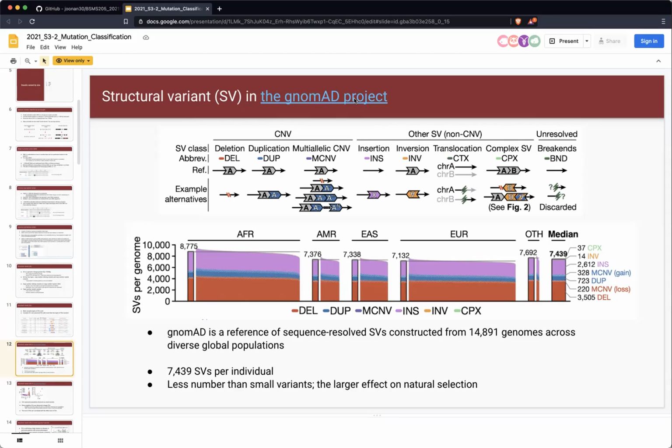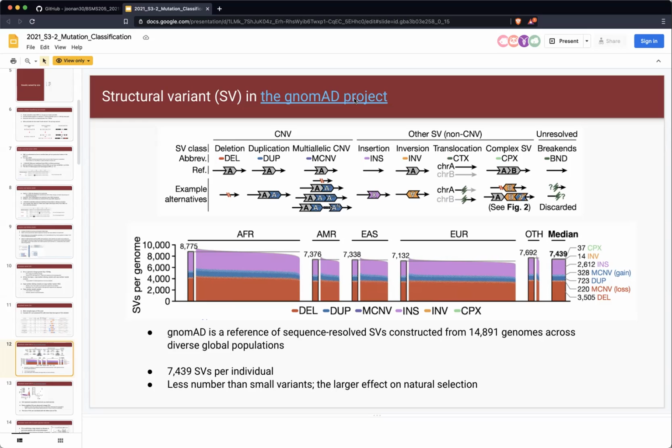So basically, someone can ask you how many deletions or how many duplications, or how many structural variations we have in our genome? How many of them can happen in one individual, right? The simple answer is that we can look at the reference data set and estimate the average numbers in our genome.